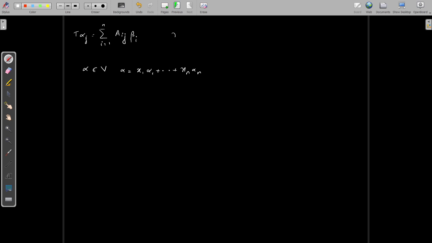Our assumption is B is a basis of V containing the vectors alpha 1, alpha 2, etc., alpha n, and B prime is the set of vectors beta 1, etc., beta m. These are bases for V and W respectively. So this is a subset of V and this is a subset of W. If you take any arbitrary element alpha belonging to V, you can write alpha as a linear combination of these alpha 1, alpha 2, etc.